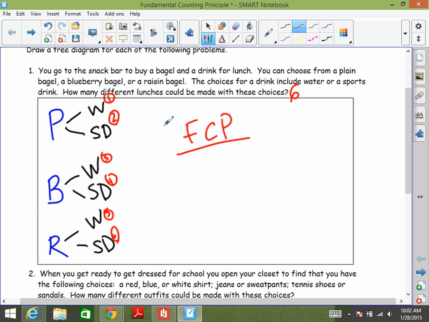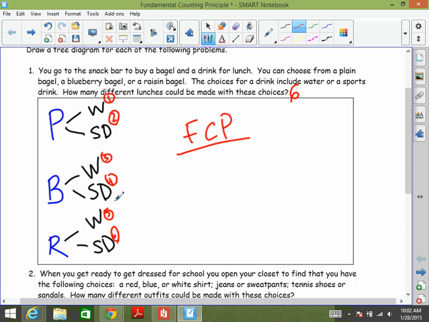keeps you from having to draw a tree diagram. Because as we get situations that are longer and bigger, let's say you go to McDonald's, you have a choice of Big Mac, cheeseburger, a quarter pounder, fish sandwich, chicken sandwich. They've got maybe 13 to 20 sandwich choices. We don't want to list all 13 to 20 sandwich choices.